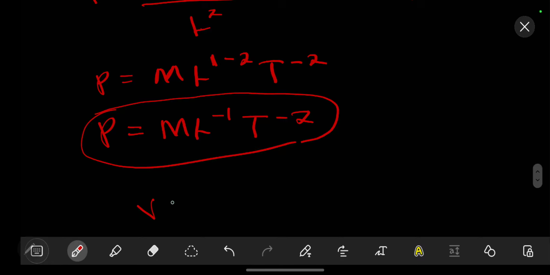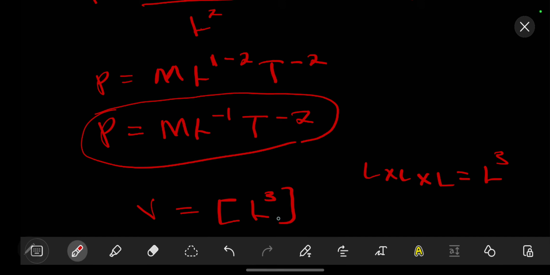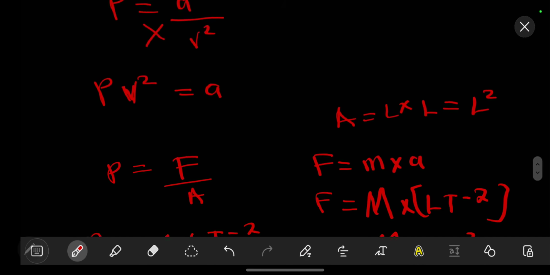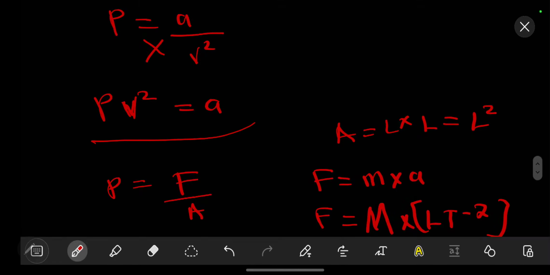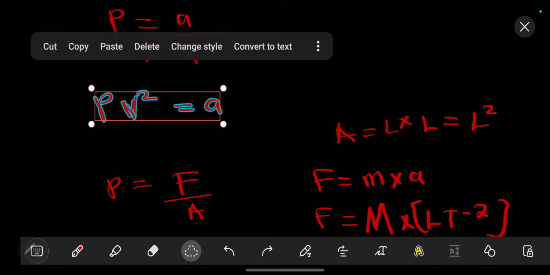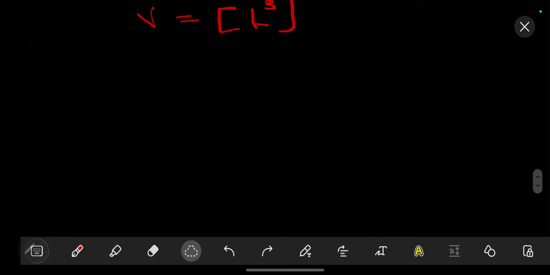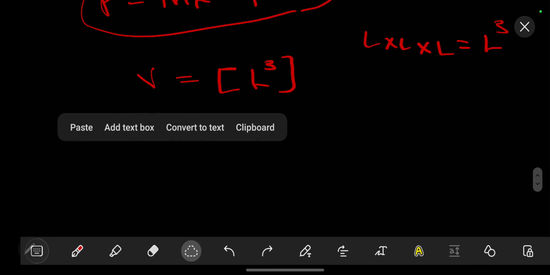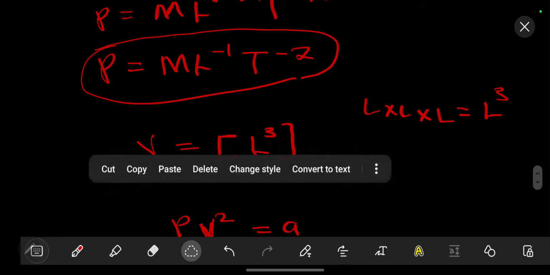And we have our volume. Volume is length times length times length, which should be equal to L to the power 3. So the dimensions of volume are L to the power 3, like that. Now remember, what we got was our A. Our A should be equal to P V squared. So we are going to replace now.